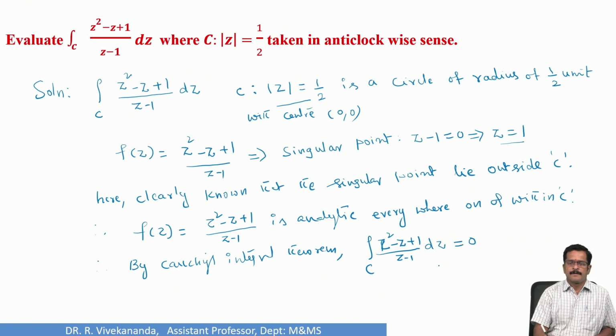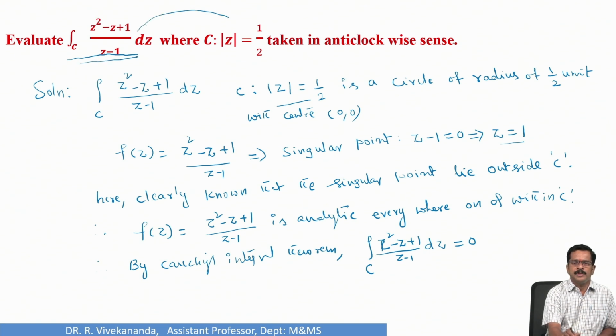That's all. Okay. So the function value over the curve is going to be 0, since the function is analytic everywhere. So let us see one more sum like this.